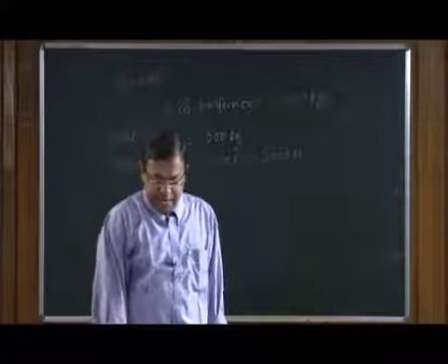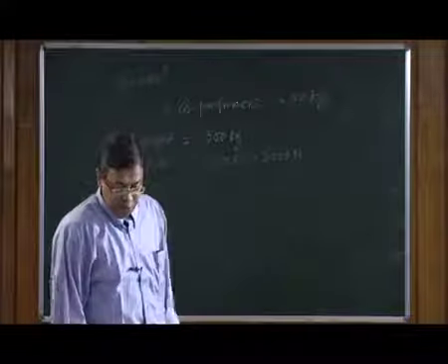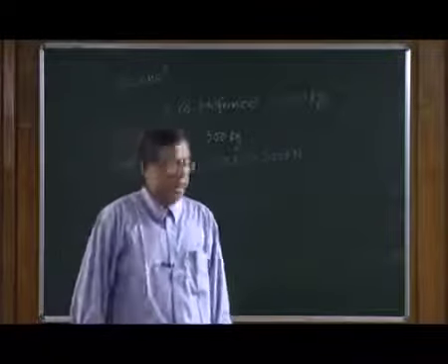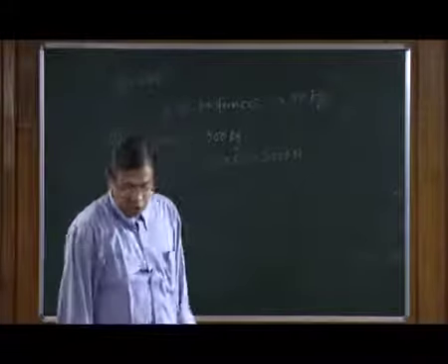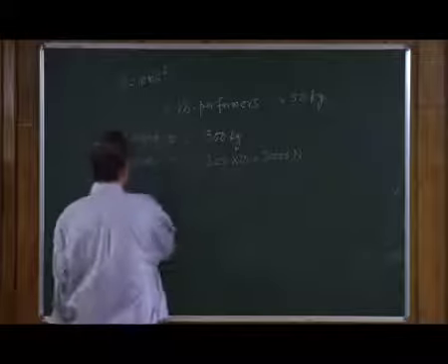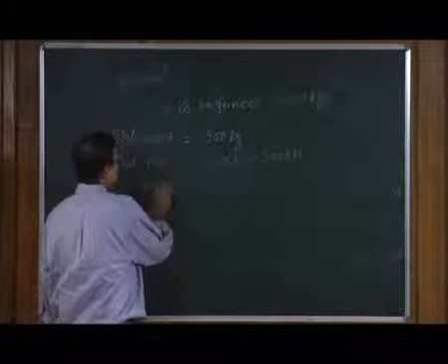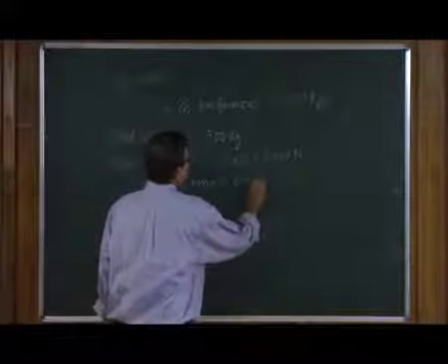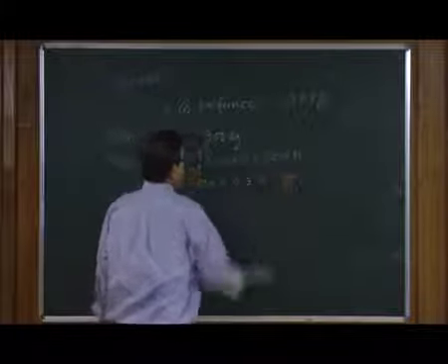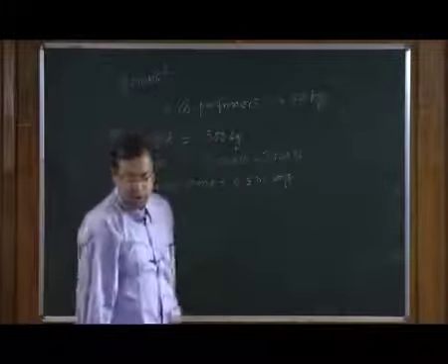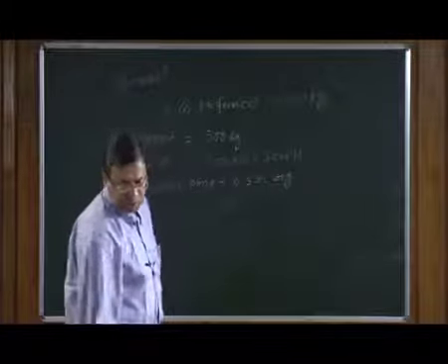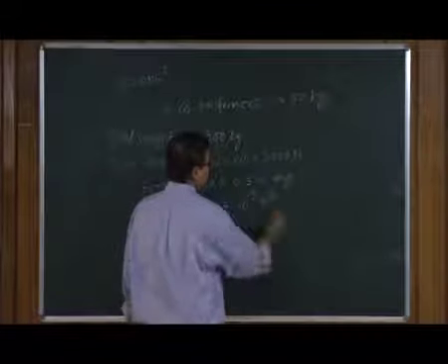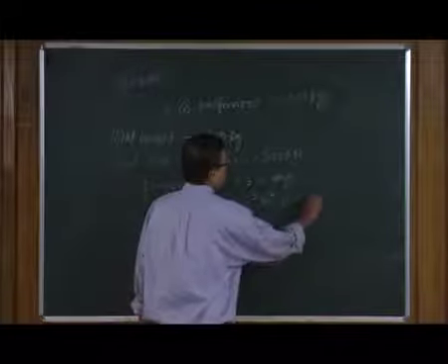Now, this performer's femur bone, the bone in his leg, is approximately 0.5 meter long, and its cross sectional area is 10 to the power minus 3 meters square.